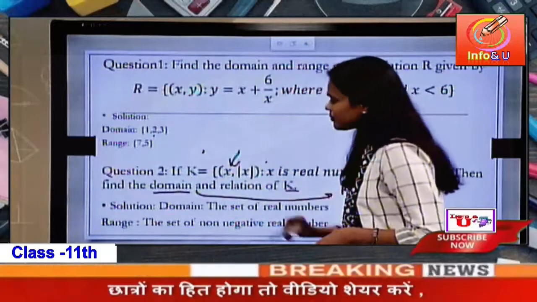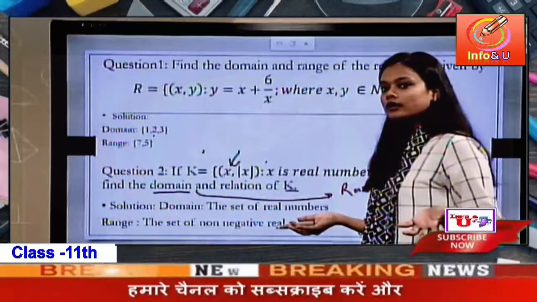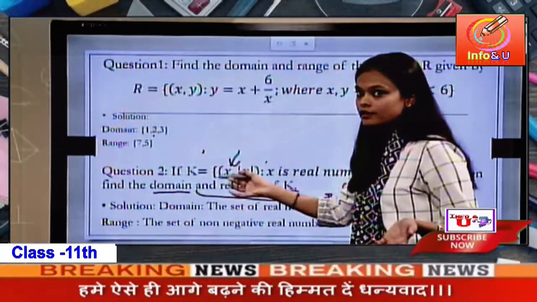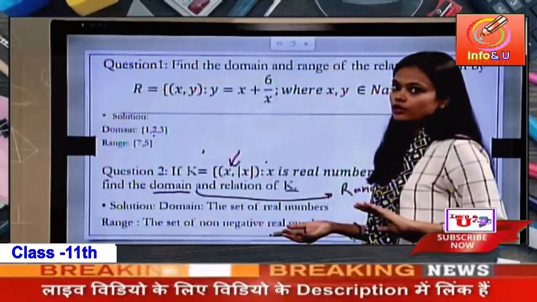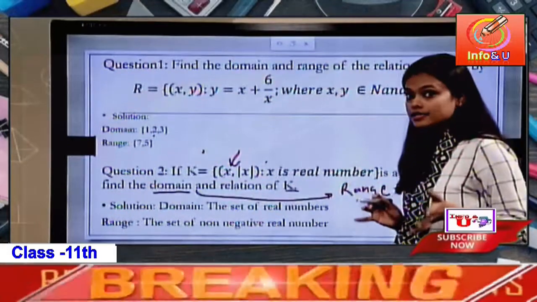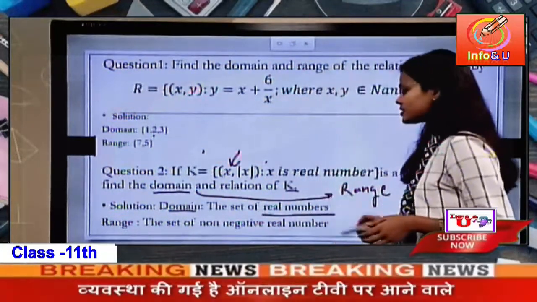K is taking which values? All the real numbers. So what will be the domain? Obviously, for every real number we can find its positive value, and it has an image. So the domain becomes the set of real numbers.